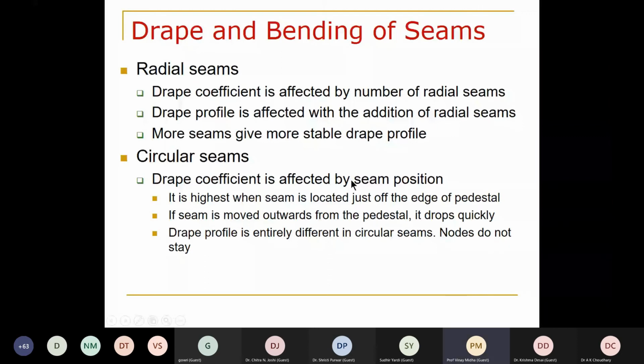If the seam is moved outwards from the pedestal, then it will drop quickly and the drape coefficient will also decrease. In these cases, the drape profile will be entirely different in circular seams and the loads will not be stable. We can fix the loads like in the case of a skirt, but in these cases, the loads cannot be stable.